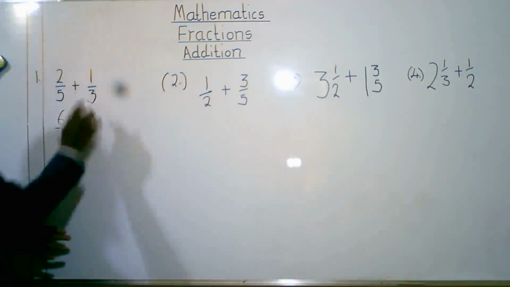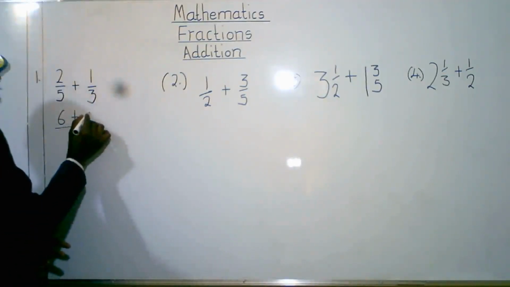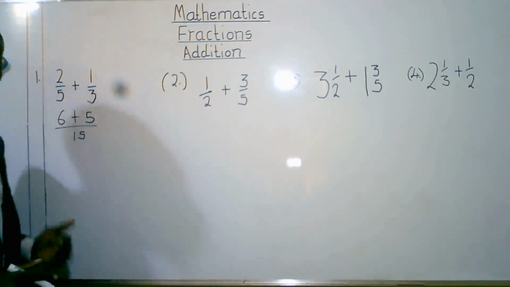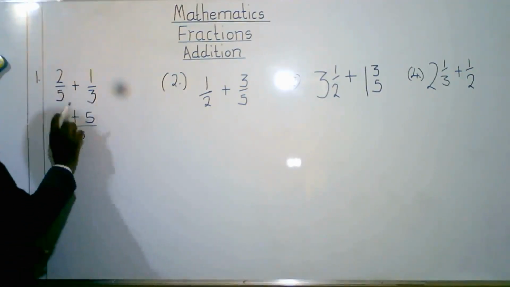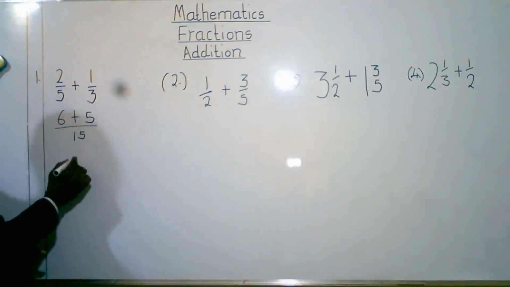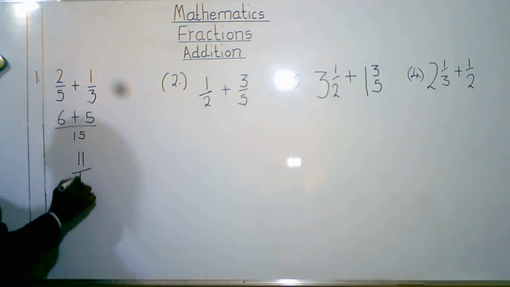We multiply our answer with the numerator: 5 multiplied by 1 is 5. Any number multiplied by 1 is that number itself. 6 plus 5 is equal to 11 over 15.